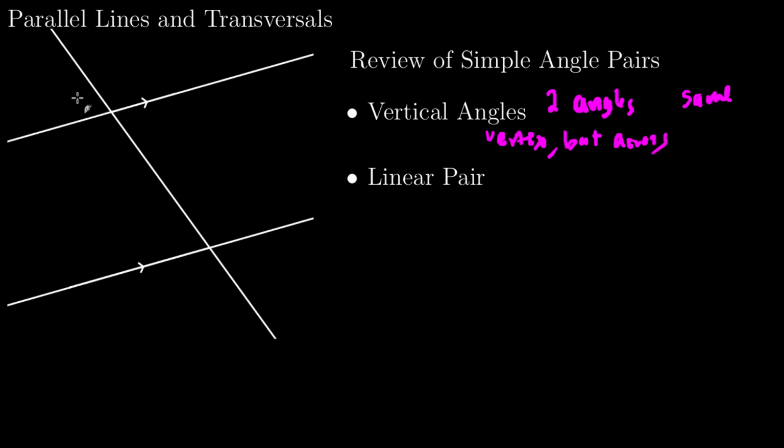So for instance, this here and this here are vertical angles, and in vertical angles the measures are equal, so I could say x will equal y.